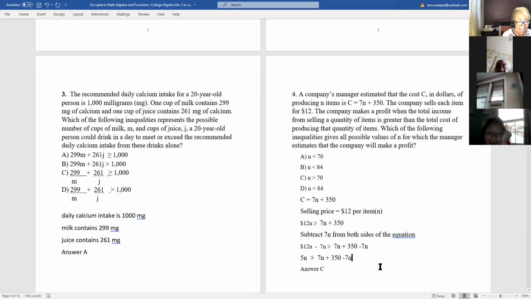So, what are you left with? 5N greater than, and you're just left with 350. A minus 7N and plus 7N is 0. So what is N? Divide both sides by 5, right?